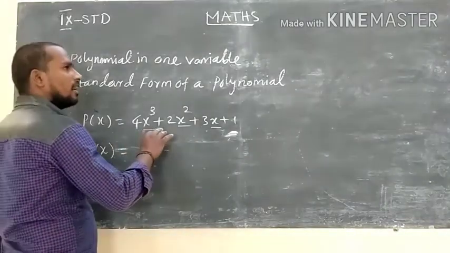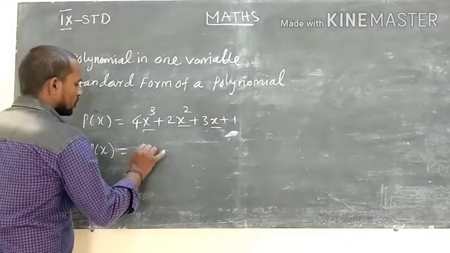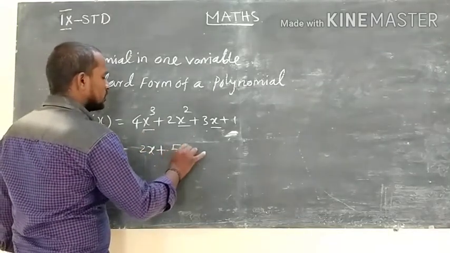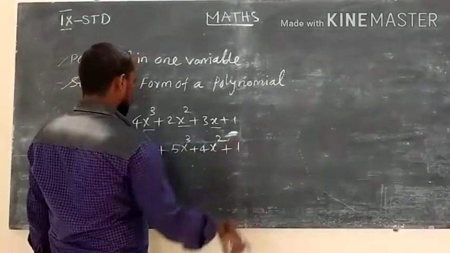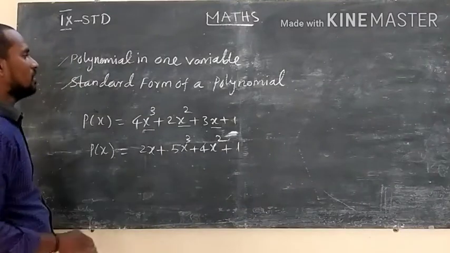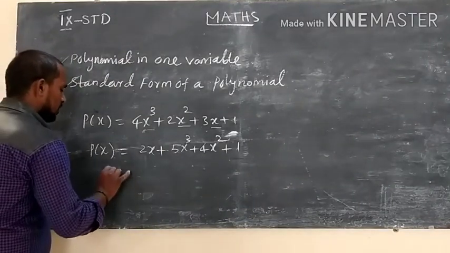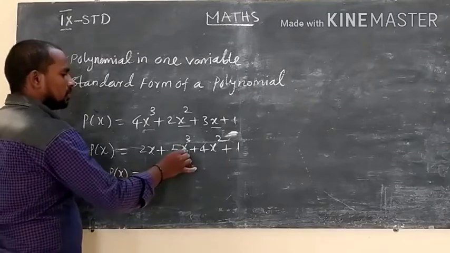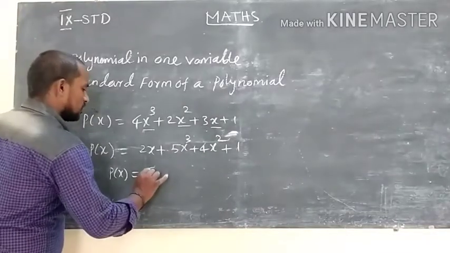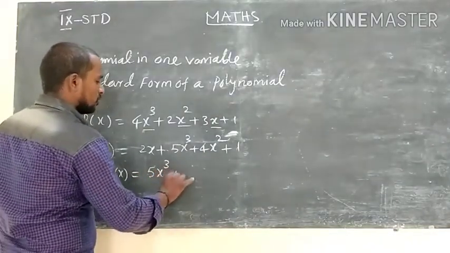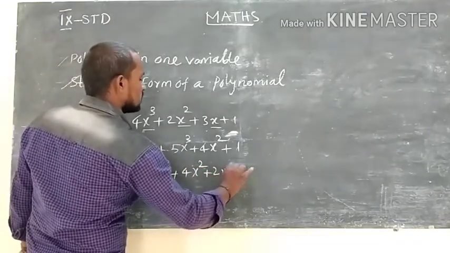Write with the descending or ascending powers of the polynomial. Suppose we have an example: 2x plus 5x cubed plus 4x square plus 1. This is the given polynomial. What is the standard form of the given polynomial? p of x is equal to, in descending order of powers, the highest power first: 5x cubed plus 4x square, then plus 2x plus 1.